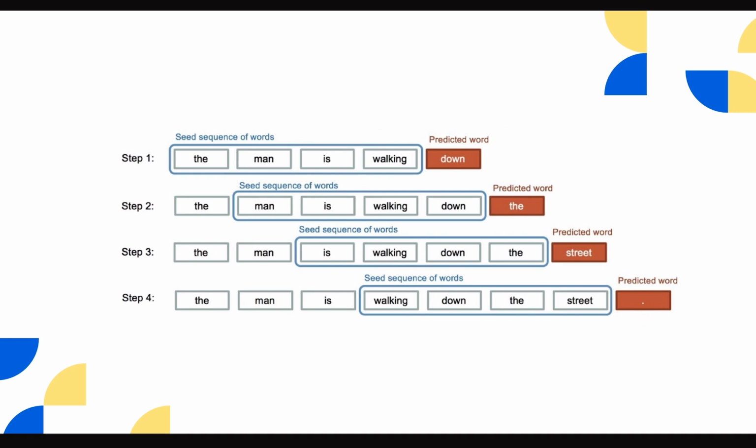So this is a seed sequence of words that are fed in, and we are able to predict the next set of words. As I said, before the advent of transformers, text generation was primarily handled using traditional neural networks, and these are based on a fixed window size to process a sequence of text.